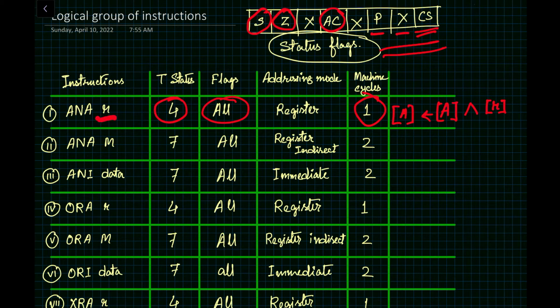This R is one register and A is also another register. The data is readily available in the registers, and the processor can directly do the AND operation within one machine cycle. It consists of 4 T-states. This was the first instruction.